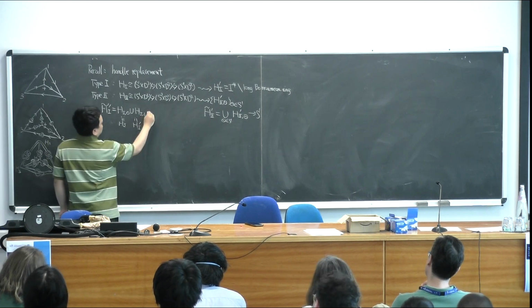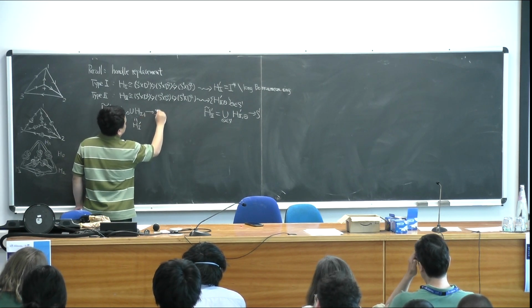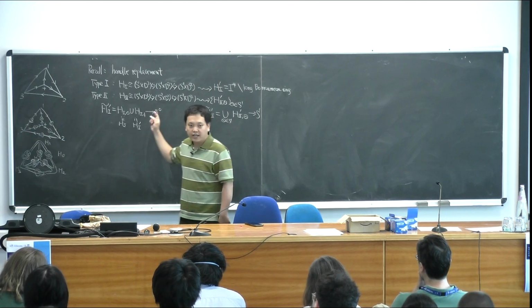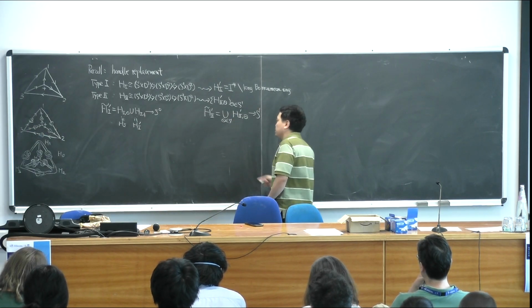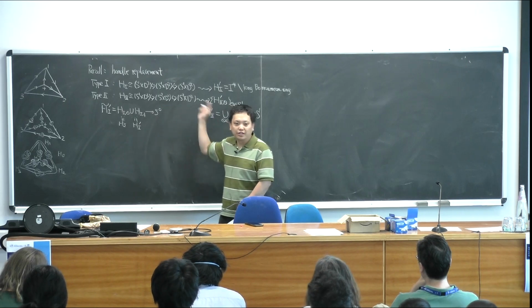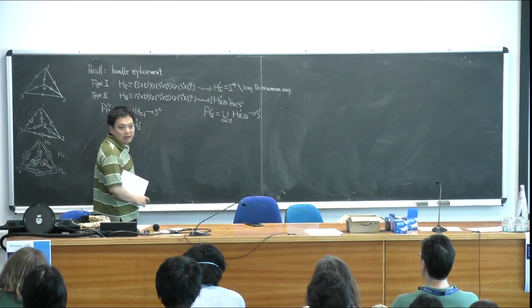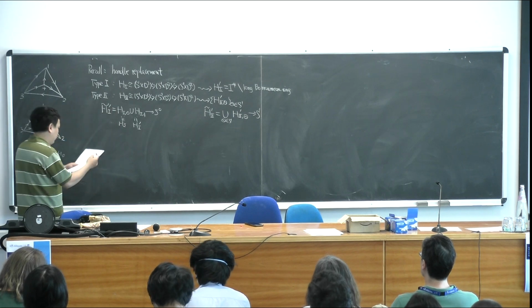I treat this as a family over S0, where S0 just consists of 2 points, 0 and 1. So this is just to unify these two notations. Here we have a family over S1, here we have a family over S0.